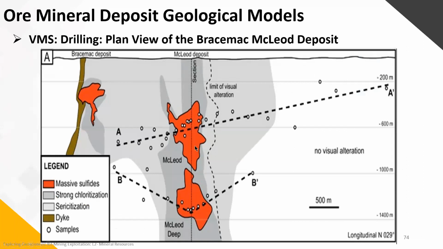So the darker gray shows a strong chloritization, while the lighter gray shows sericitization. If we are within the sericitization, we know that we are farther away from our main deposit, whose halo has to be richer in chloritization.